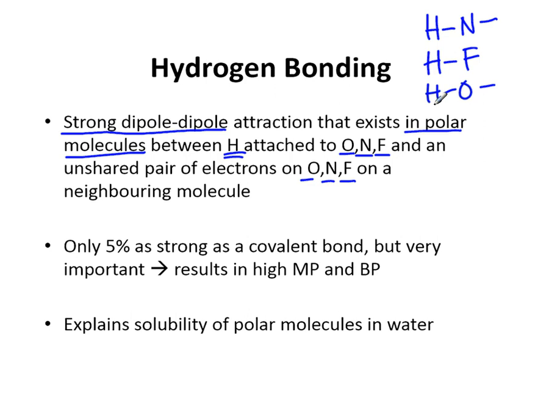But these ones are stronger than typical dipole-dipole forces because oxygen, nitrogen, and fluorine are very electronegative, so the dipoles that form with them tend to be stronger, and they're only paired with one another, so that attractive force is higher. But one thing just to keep in mind, when we say strong, it's a strong intermolecular force.